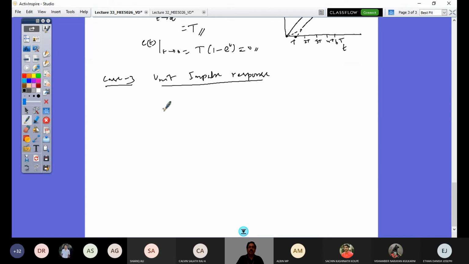So C of S is the transfer function 1 by Ts plus 1 multiplied by my input R of S. Sorry, I'm just making a mistake, this is C of S. So R of S happens to be 1 for unit impulse function. So it's simply 1 by Ts plus 1 that is my C of S.